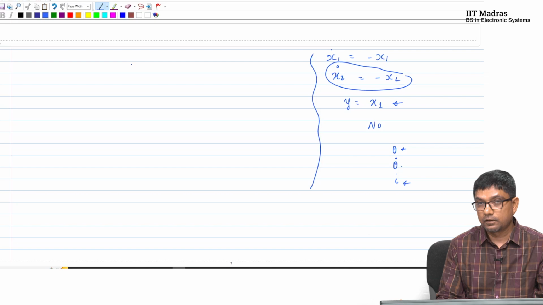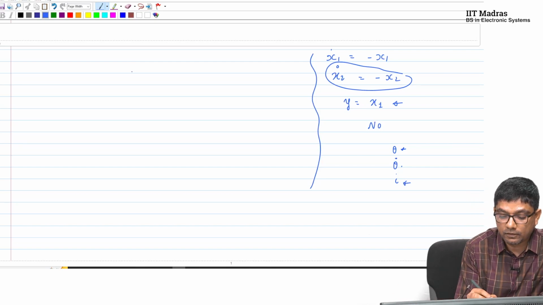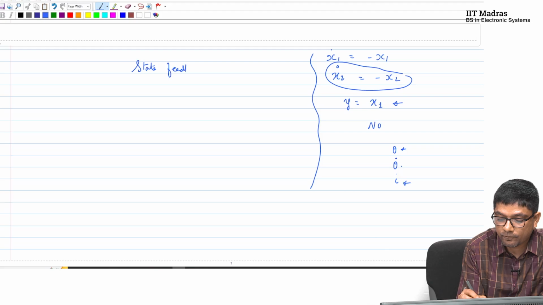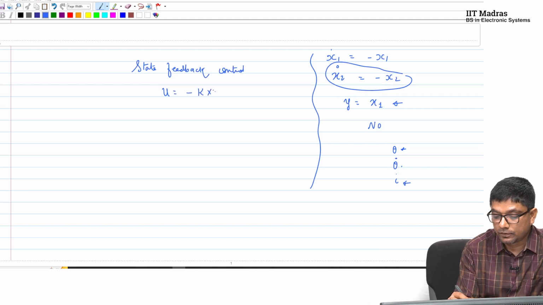We recall how our state feedback control law worked. The state feedback control law was of the form u equal to minus kx. So, somebody has to give us the x for us to design the controller.